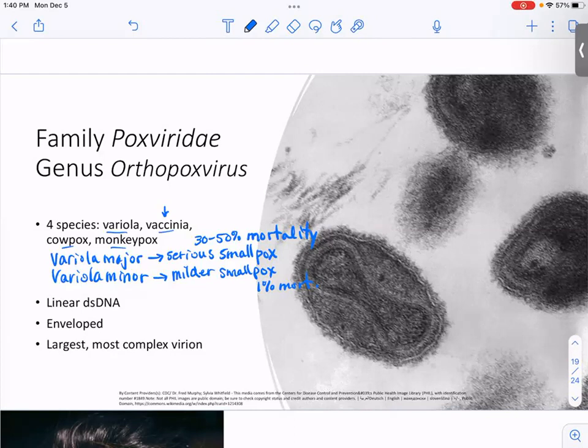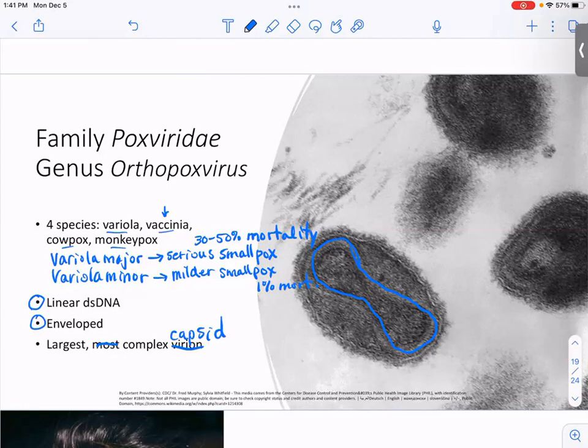This is a linear double-stranded DNA virus that's enveloped. You can see the capsid here. We call that a complex capsid. It's not actually the largest.